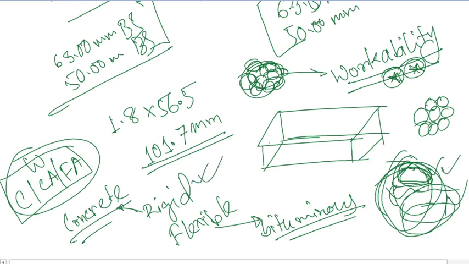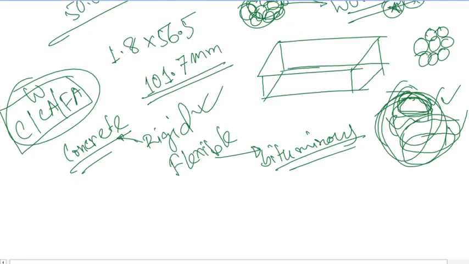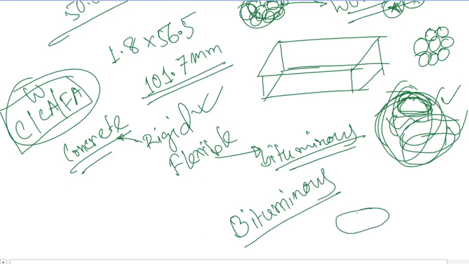So flaky particles and elongated particles are generally not desired in concrete pavements or rigid pavements. And in the case of bituminous mix as well, if we are using flaky particles in the roadway construction, what will happen?